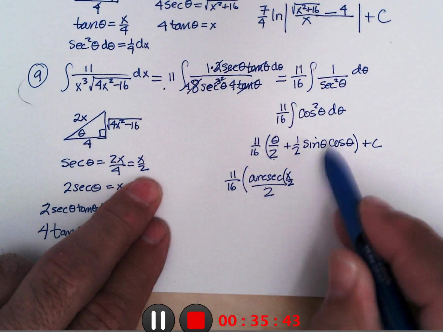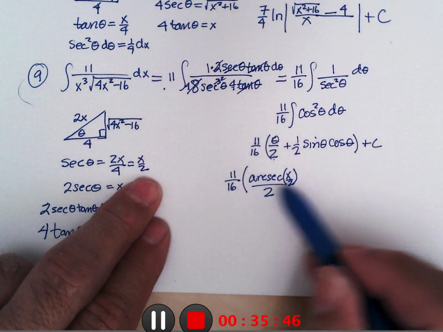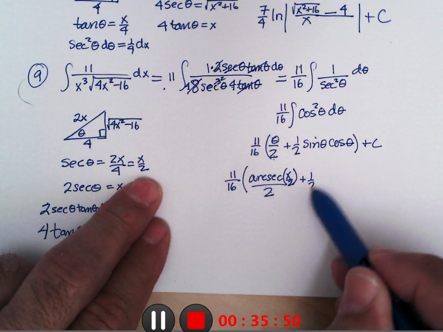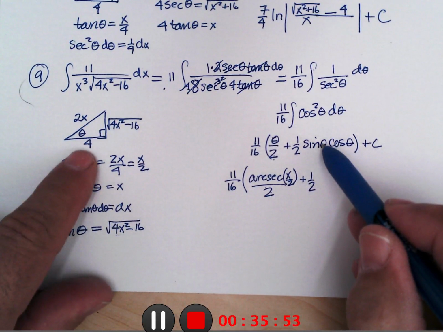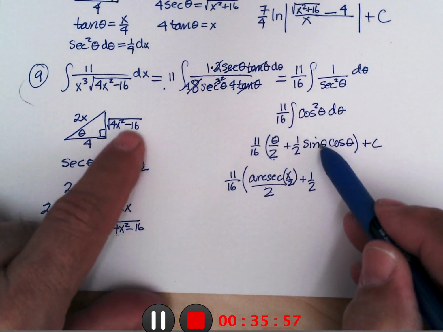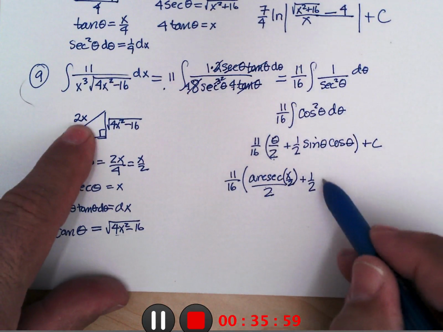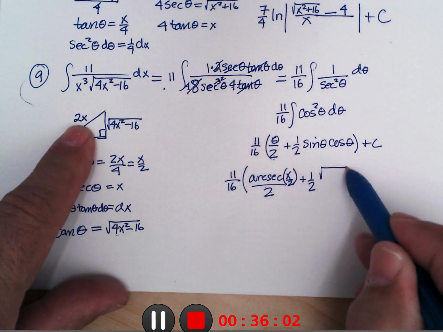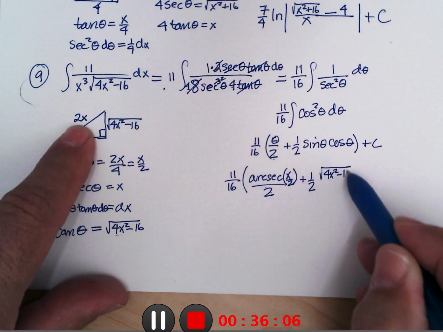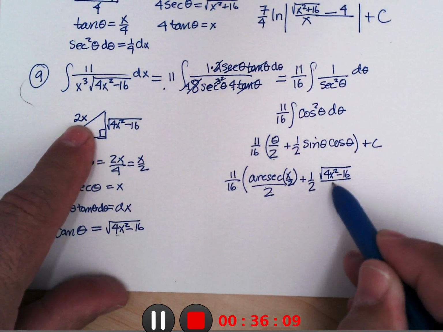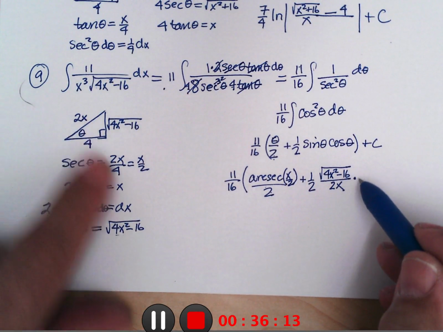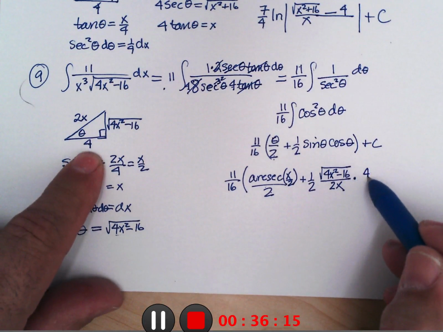So there's theta over 2 plus 1/2 sine of the angle, and the sine of the angle is that over that, so that's square root of 4x squared minus 16 over 2x, and the cosine is adjacent over the hypotenuse.